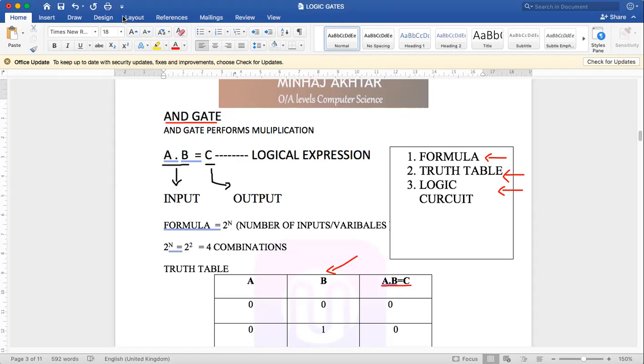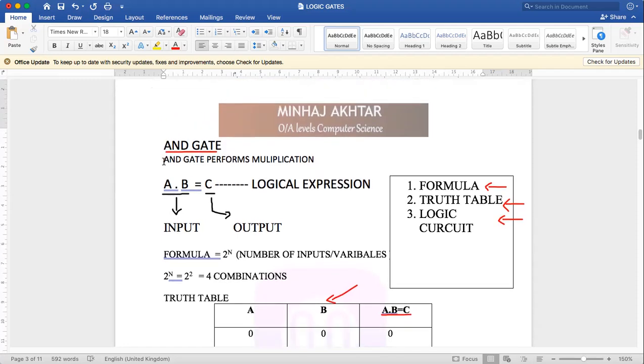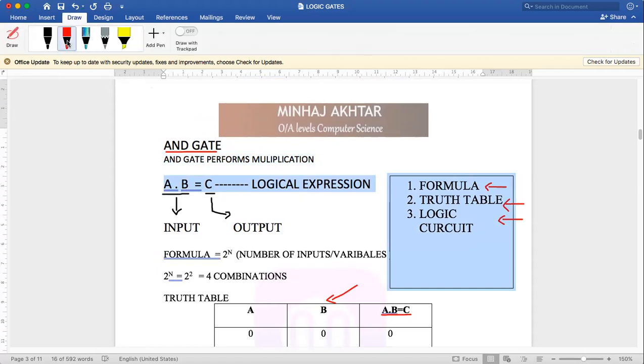Okay. So what is the purpose of AND gate? AND gate performs multiplication. It means that we have a logical expression. Look, A and B is equal to C. This is called logical expression. And in between A and B, you can see there is a dot. This dot represents multiplication.